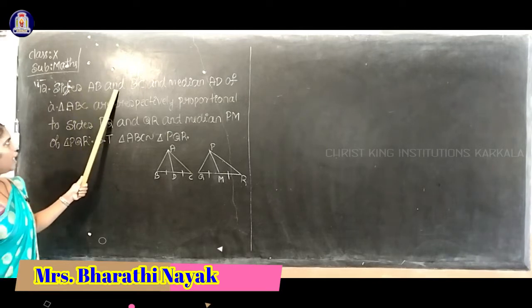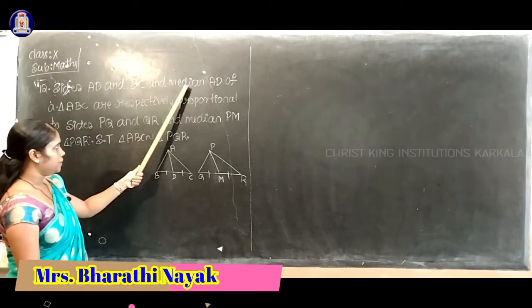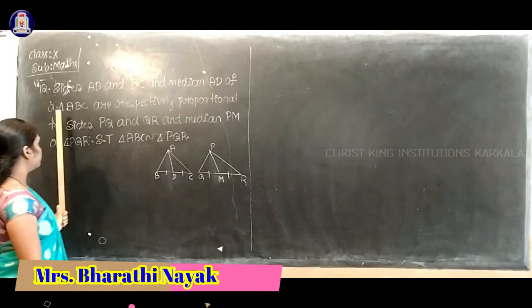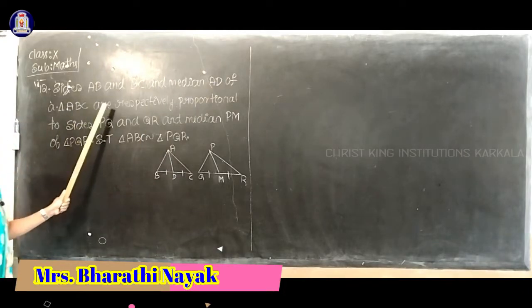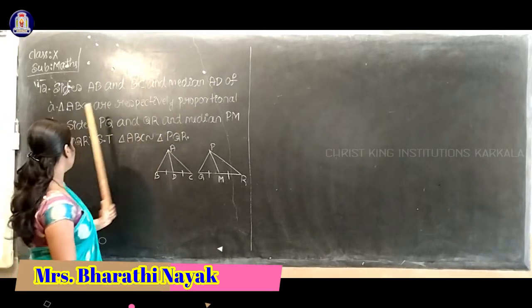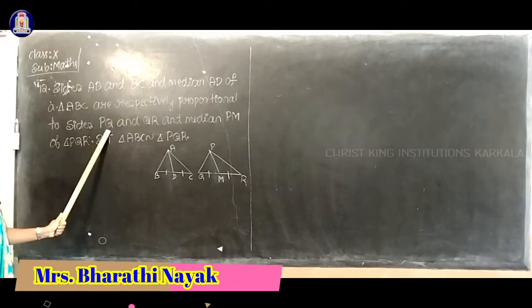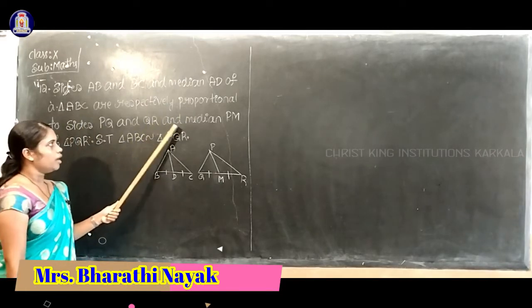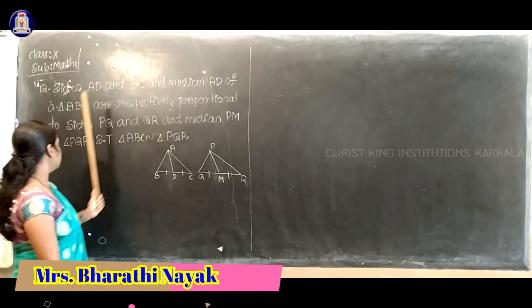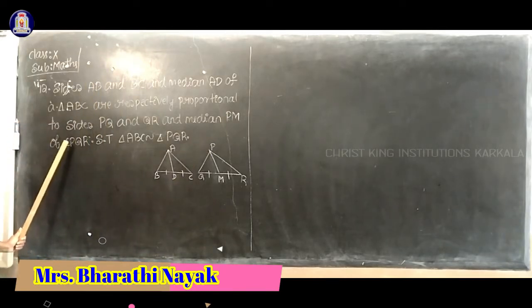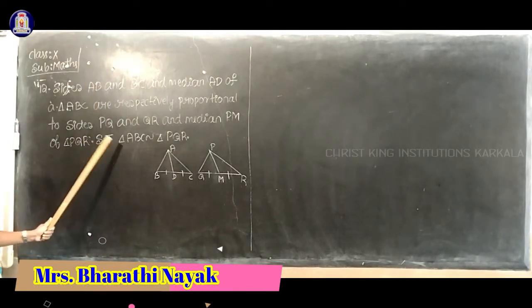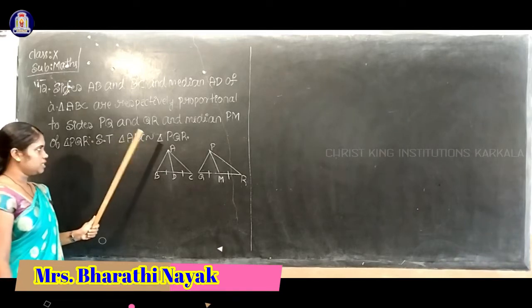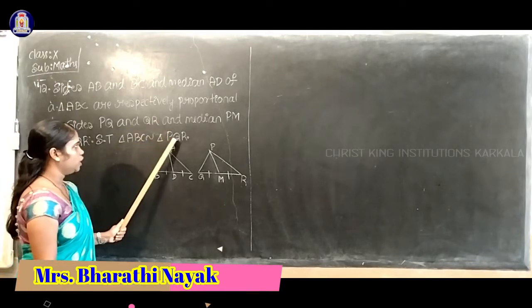Sides AB and BC and median AD of triangle ABC are respectively proportional to sides PQ and QR and median PM of triangle PQR. Show that triangle ABC is similar to triangle PQR.